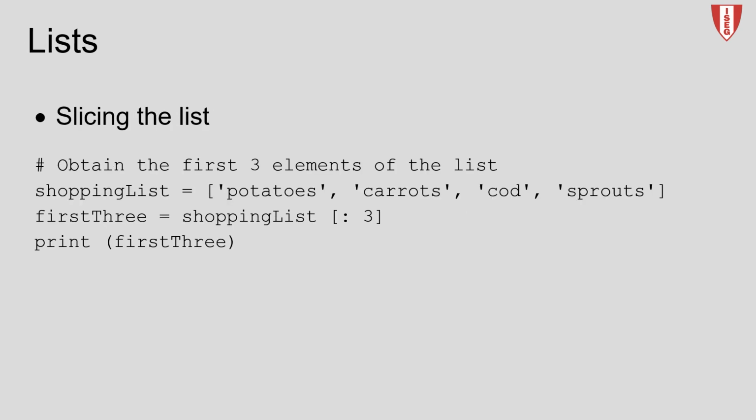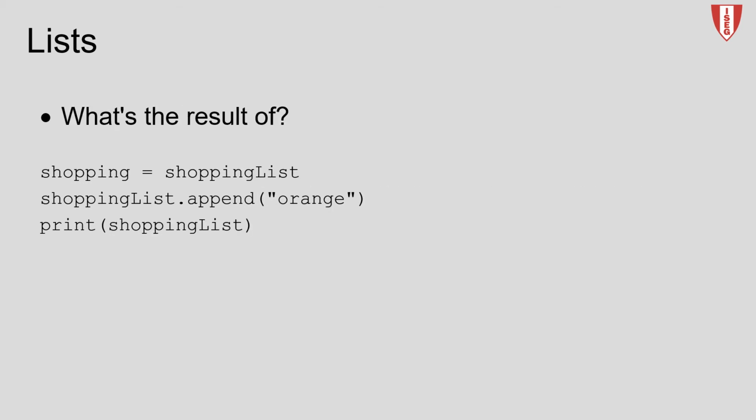We may want to slice our list. Suppose you want to extract 3 elements from the list. Suppose we create a new list supported in the first one. Then we add a value to the new list. What will happen to the old list? In fact, the old list is also affected.